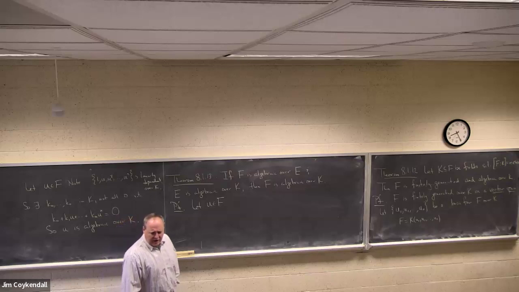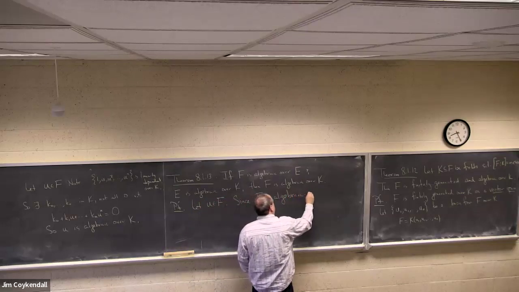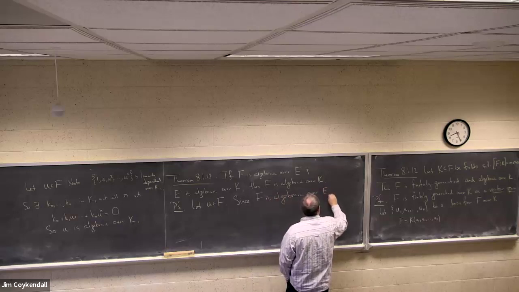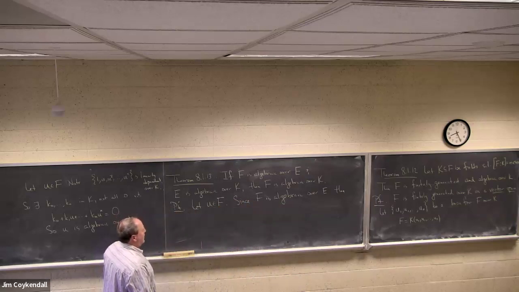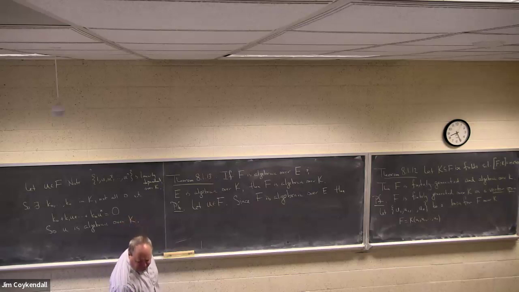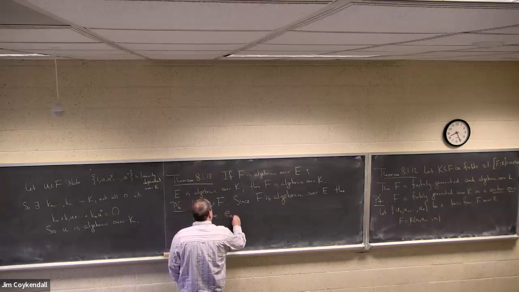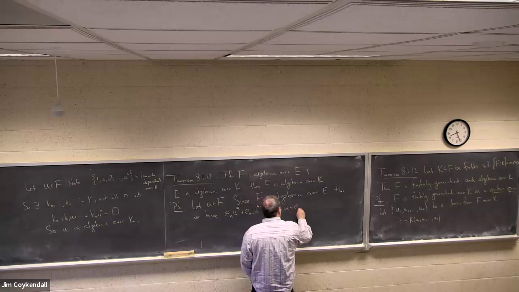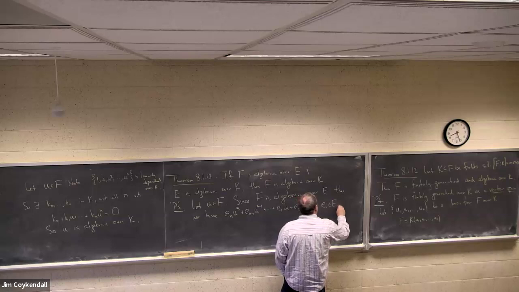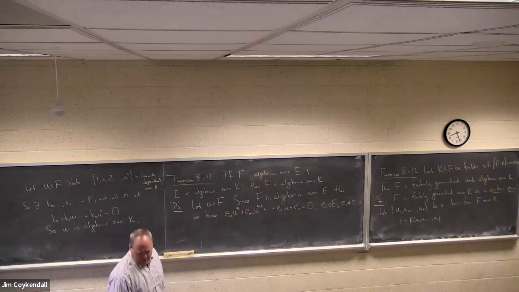Now I don't know much, but I know that it's algebraic over E. If F is algebraic over E, then I've got a polynomial relationship: e_n u^n plus e_{n-1} u^{n-1} plus ... plus e_1 u plus e_0 equals 0, with the e_i in E and e_n not 0, at least that one is not 0.